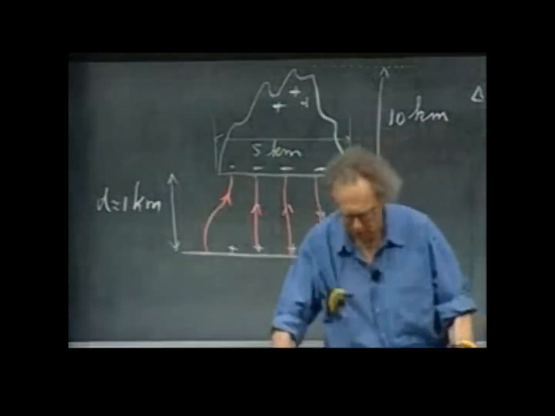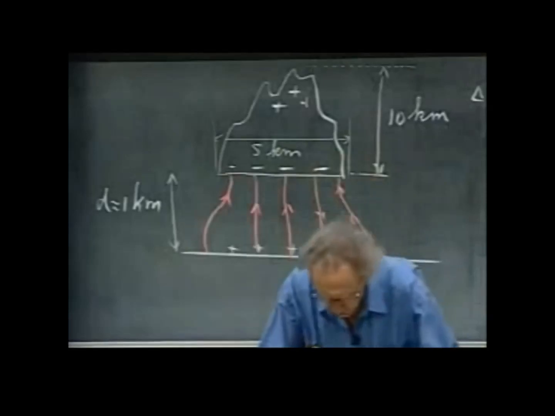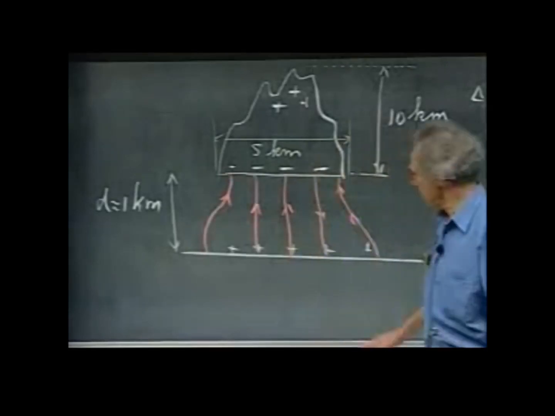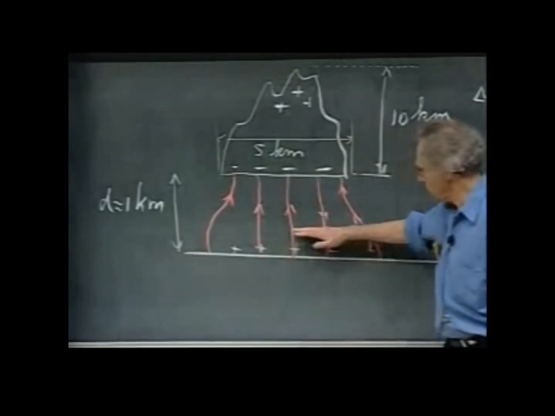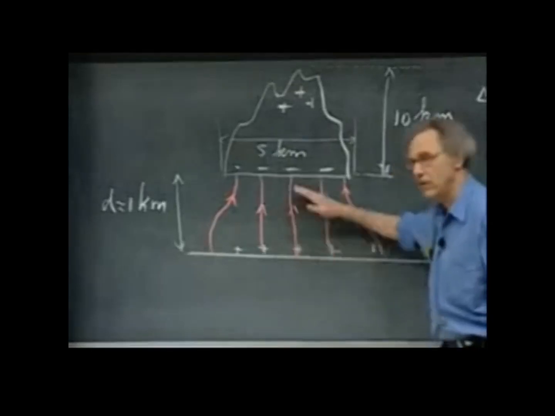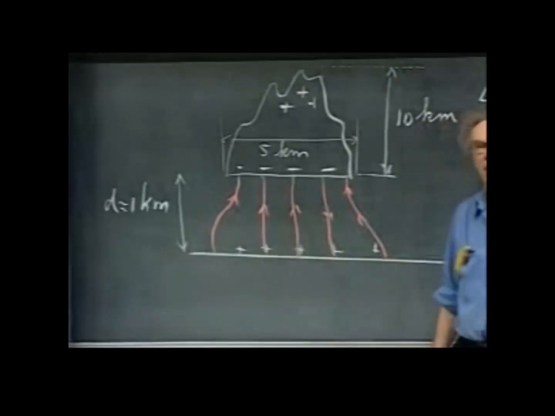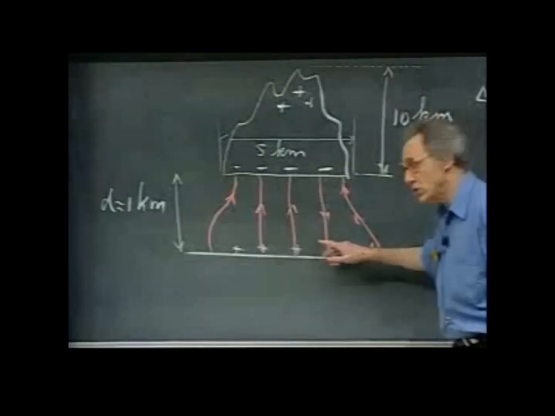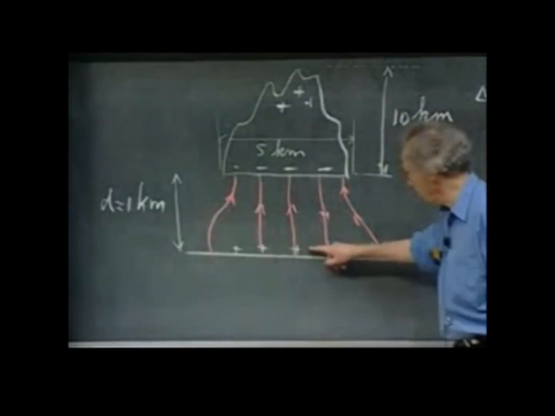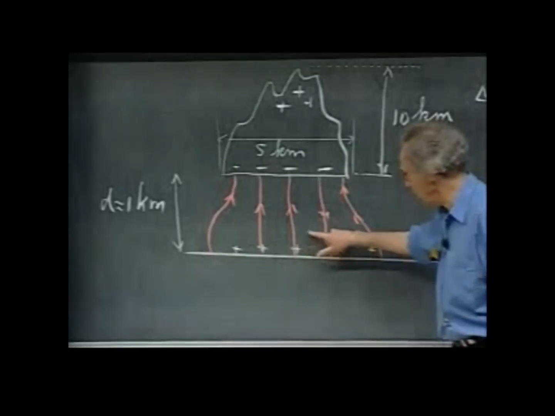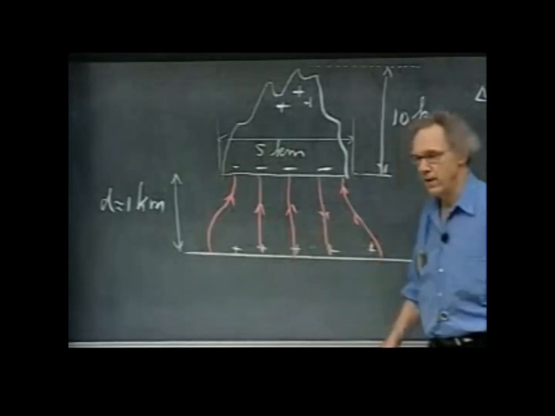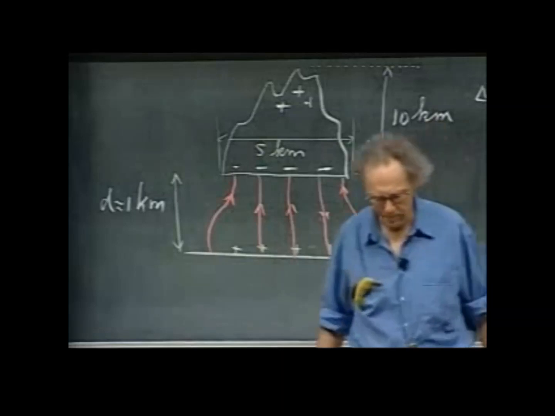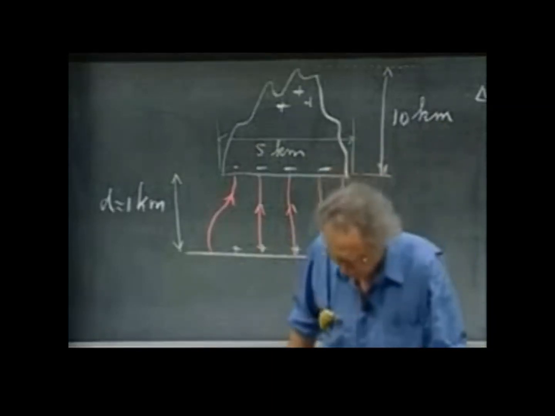That's where the electrons will first go to the Earth, and then successively, electrons which are higher up in the channel will make it down to the Earth. So you're going to see electrons going through the channel to the Earth, but first the electrons closer to the Earth, then the electrons farther away, and then even farther away. And this is actually where most of the action occurs.